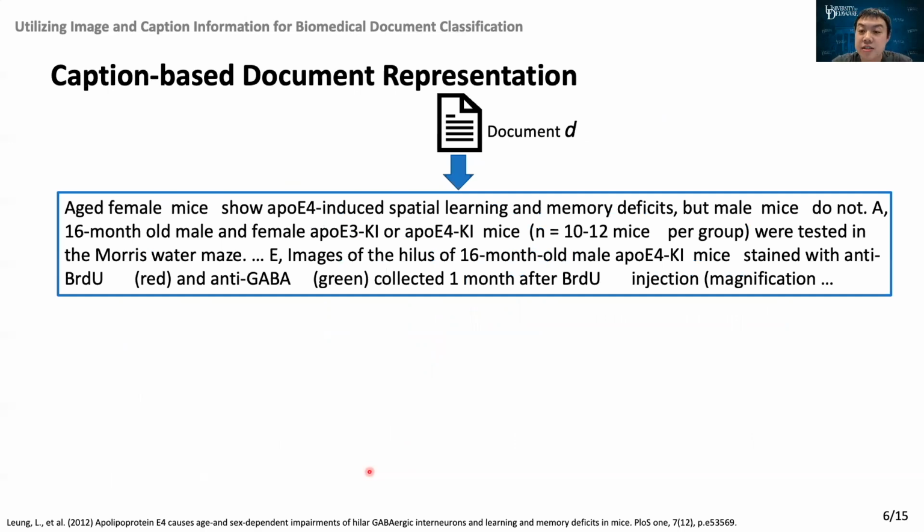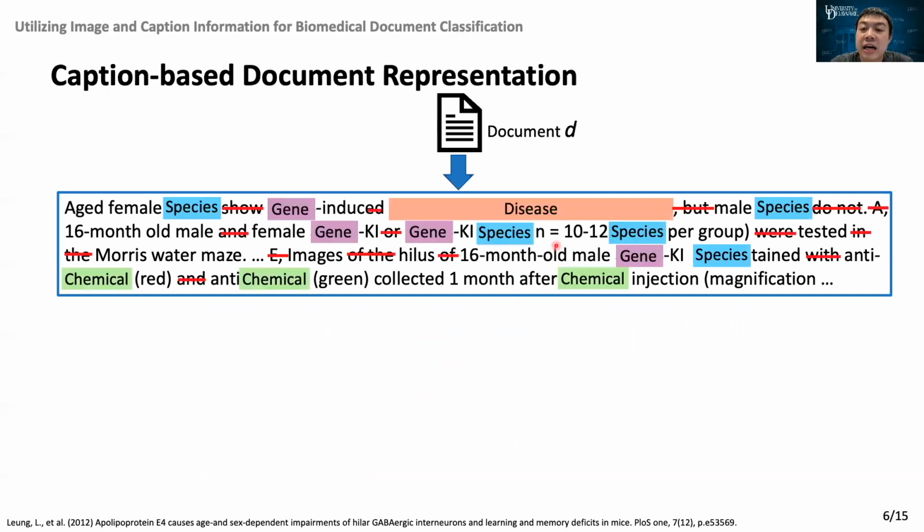For handling captions, we first concatenate all captions in document D into a single document. We then identify all biological concepts like gene and disease, using PubTator, and apply stemming and stopword removal for pre-processing.